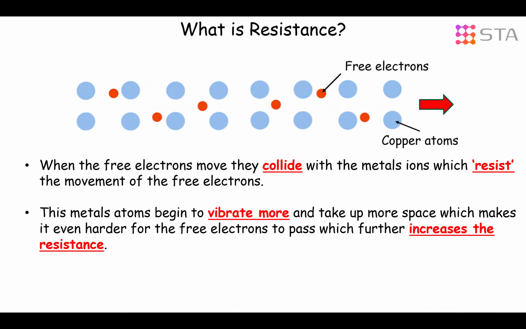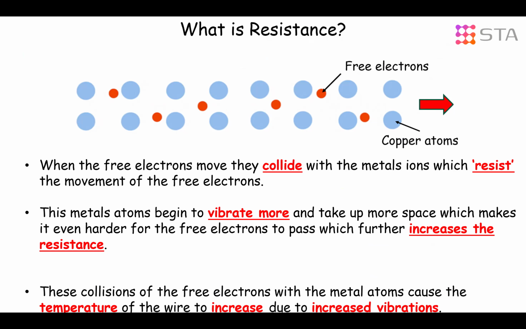Now, the metal ions or atoms begin to vibrate even more, and the free electrons are bumping into them. And when they're vibrating, the atoms take up even more space, which makes it harder for the free electrons to pass, which further increases the resistance.